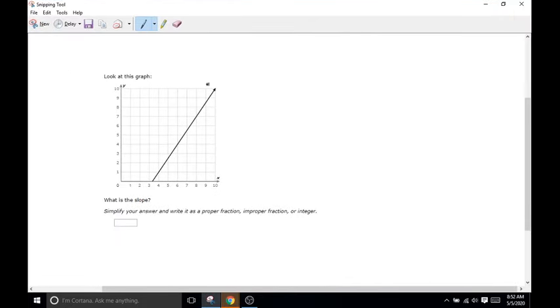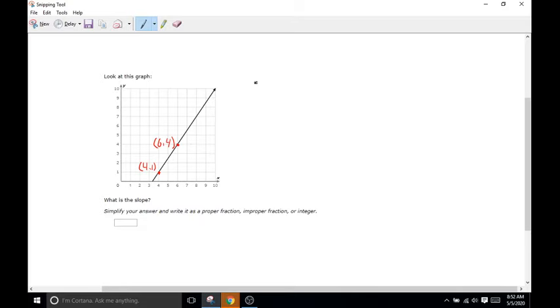Okay. So what is your slope? Well, we'll identify two points on the graph here that are very clear. Line intersects right here, and line intersects right, it looks like here. So that'll work. So our first point looks like it's going to be at 4, 1, and this point looks like it's at 6, 4. Okay.